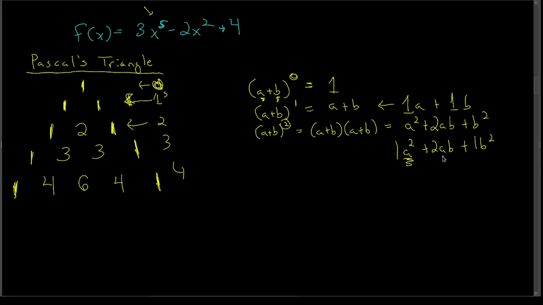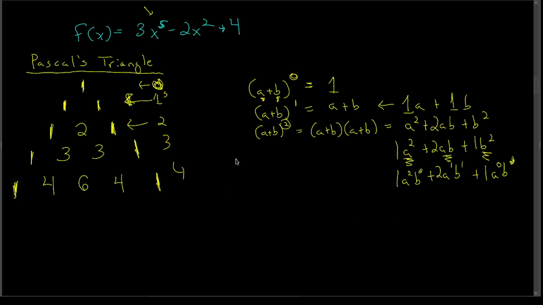Each term has 2 powers. Secretly, underneath the hood, I'm doing a squared b to the 0, but anything to the 0th power is 1. And a to the first, b to the first, and then a to the 0th, b squared. So the powers between a and b add up to the number I had, and I start with a being the highest and it works its way down, and b starts with it being the lowest and works its way up. So it zippers on both sides.